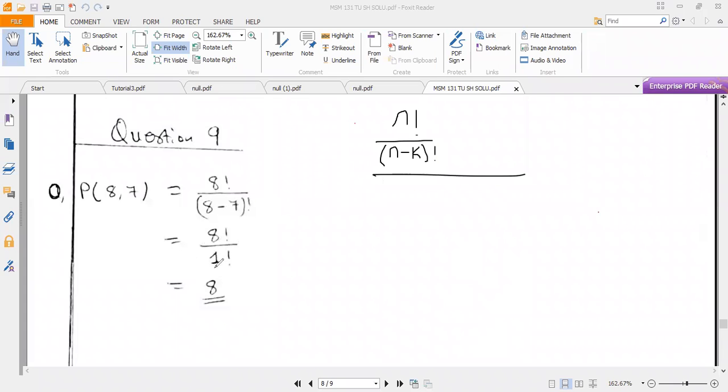So 8 factorial over 1 factorial. What do you get? What do you get, guys? Since I'm talking to myself, people are gone. 8 factorial.